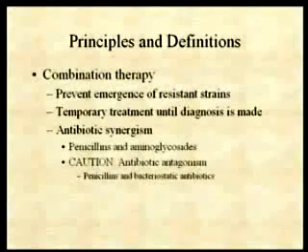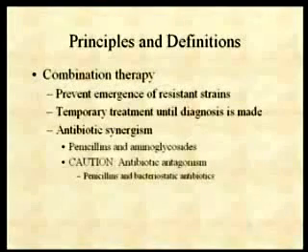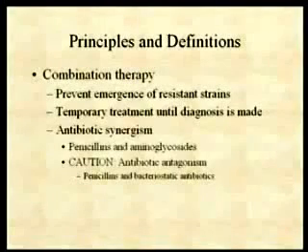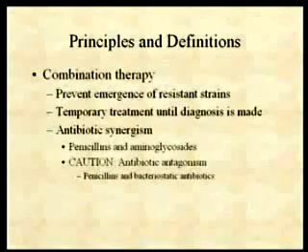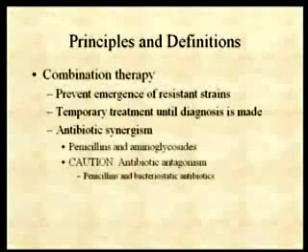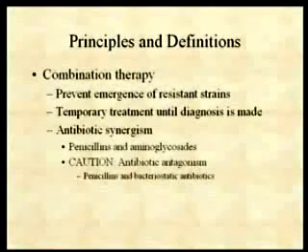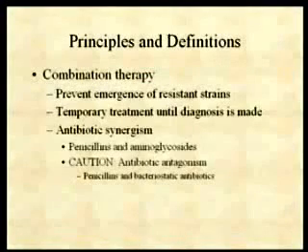Typically, resistance occurs in, say, 1 out of 1 million cells. If you use 2 antibiotics, the probability of finding a cell that is resistant to both of those antibiotics is the product of those probabilities, or 1 out of every 10 to the 12. So you seriously cut down the likelihood of selecting out resistant mutants.